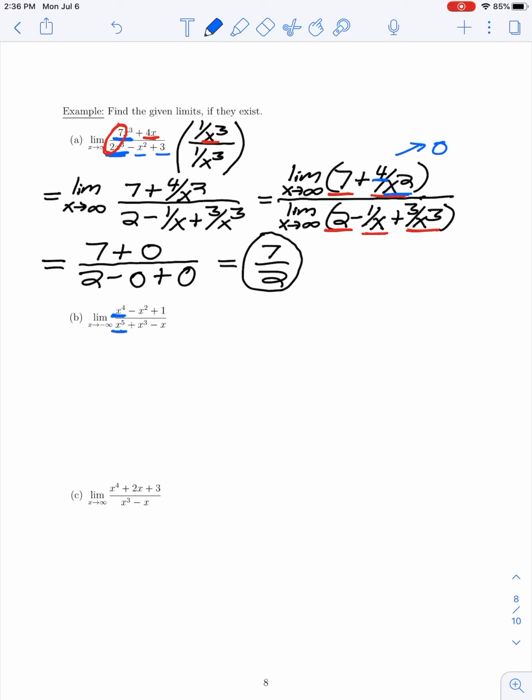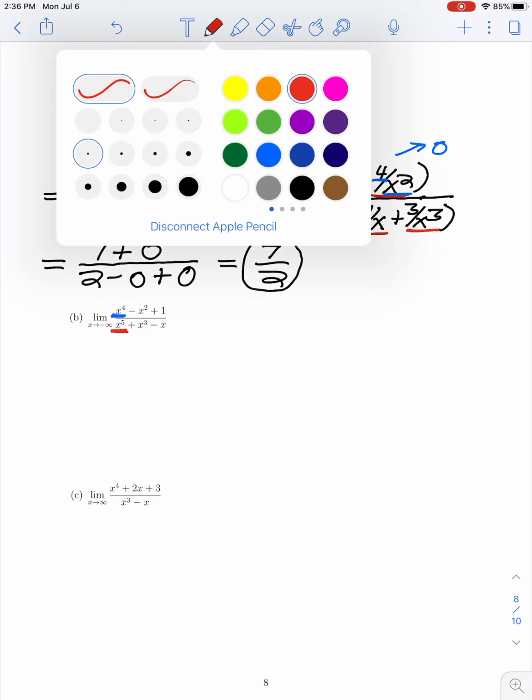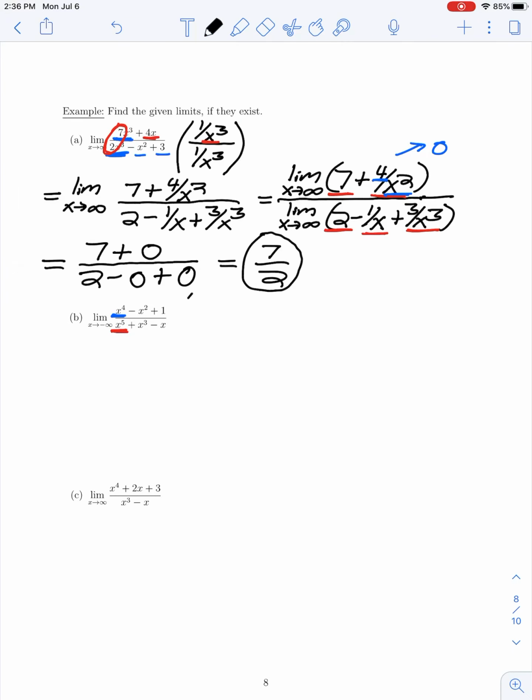But in general, I can make use of the same idea that we used in part A, where I'm going to find the highest power of x that appears in the denominator, which we've mentioned is x to the fifth, and I'm going to divide the numerator and denominator by that highest power of x.